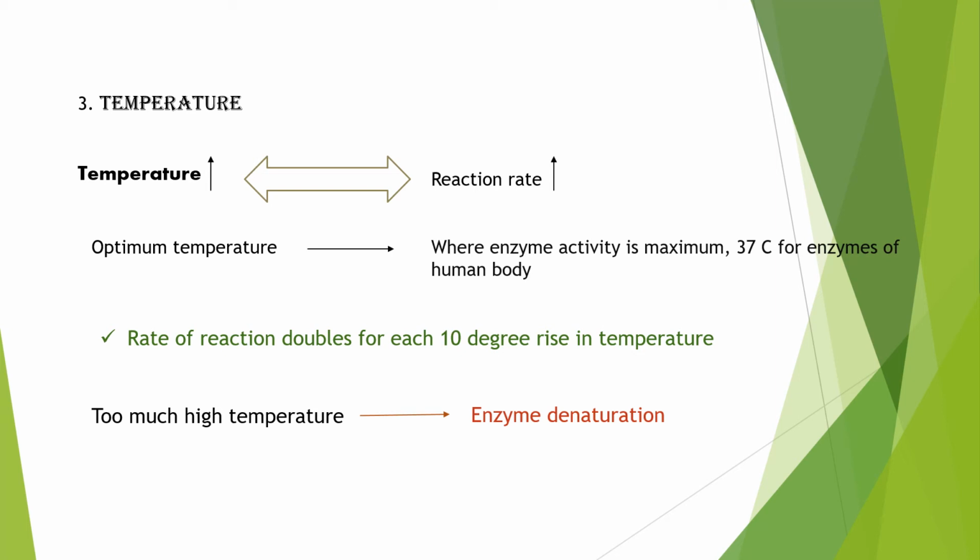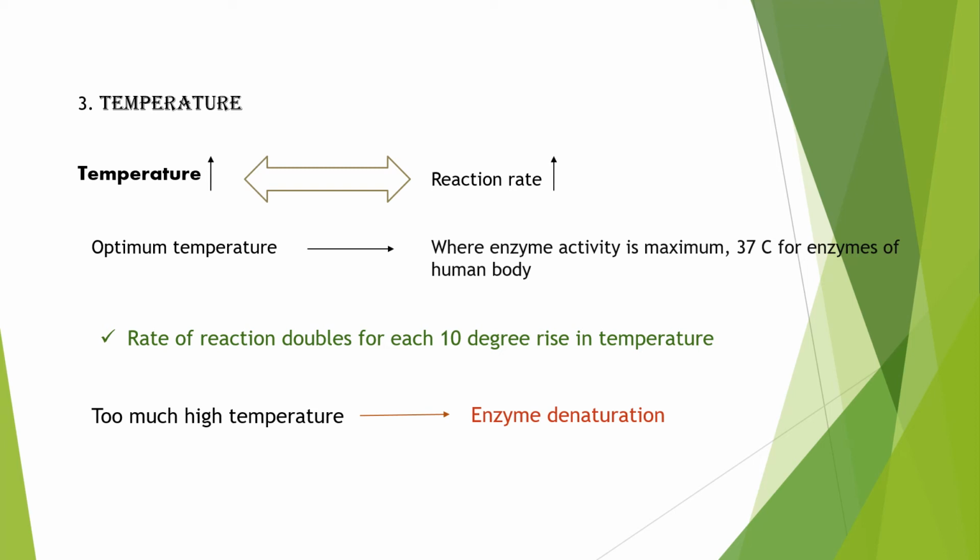This is that temperature at which the enzyme has maximum activity, and for human body enzymes 37 degrees centigrade is that temperature at which enzymes act at their maximum level, and it is called the optimum temperature for those enzymes. The rate of reaction doubles for each 10-degree rise in temperature. If we increase the temperature by 10 degrees centigrade, then the rate of reaction will be double as compared to what it was before that rise.